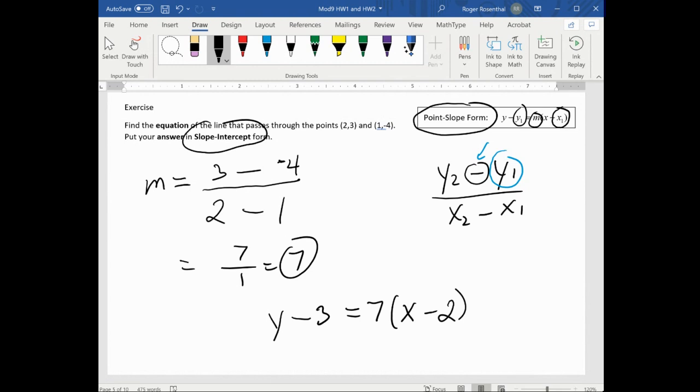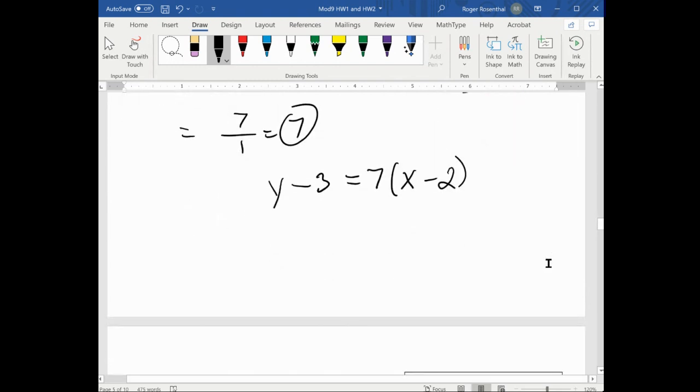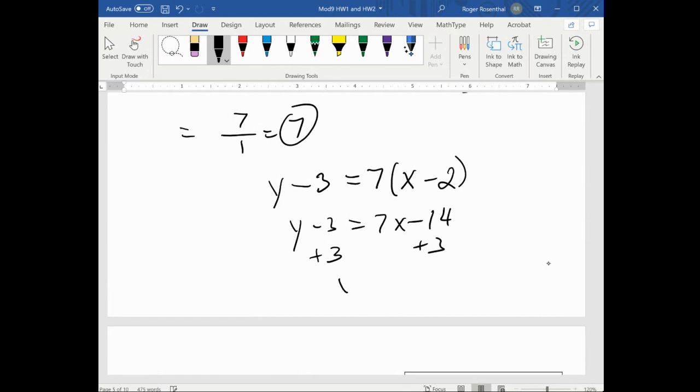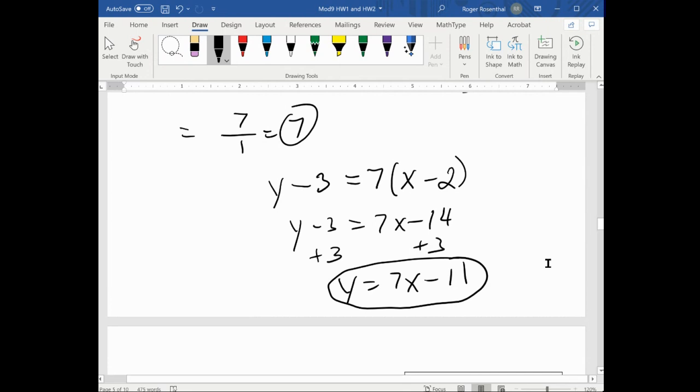So just like last time, we need to convert it. We'll distribute the 7, getting 7x minus 14. We'll add 3 to both sides, getting y equals 7x minus 11. And that is the answer. And how would you check it? Now, you don't need to check it, but how would you check it?